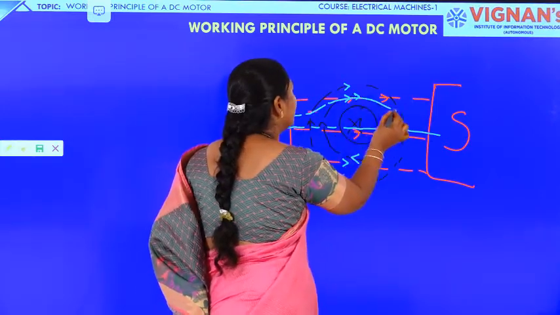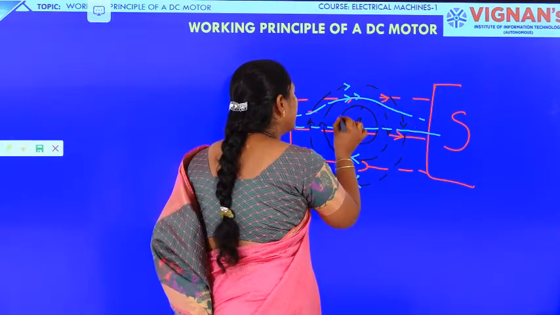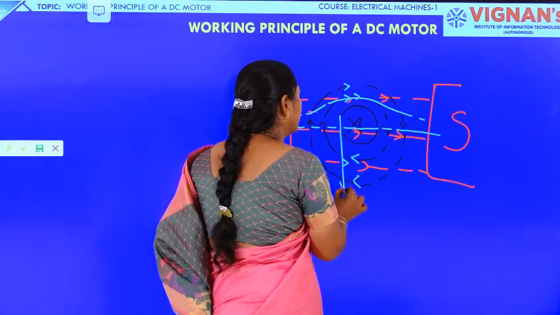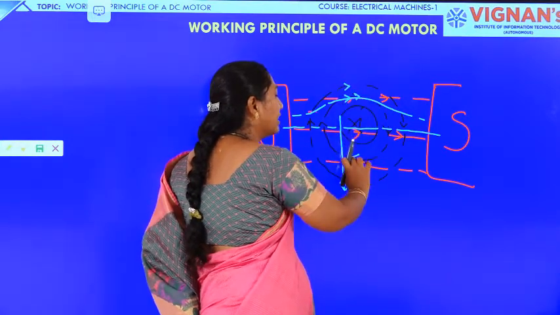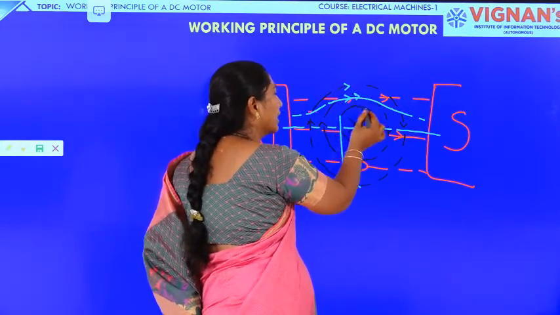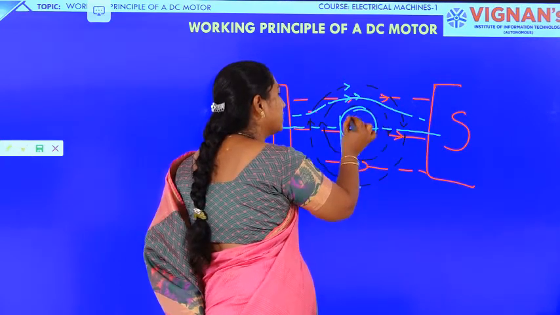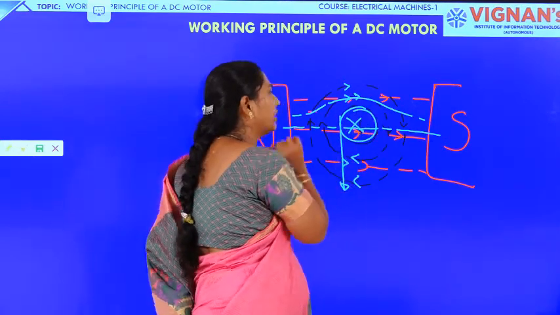So the resultant is that there will be a force experienced on the conductor in the downward direction. Here the flux is more and here the flux is weakened. The current carrying conductor will experience a force in the downward direction.